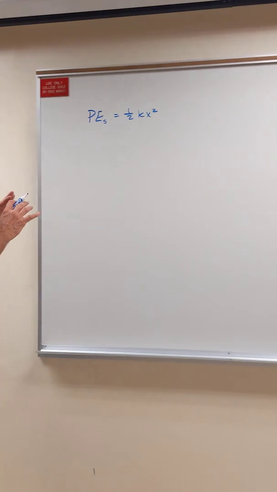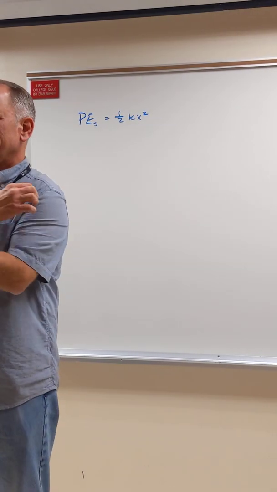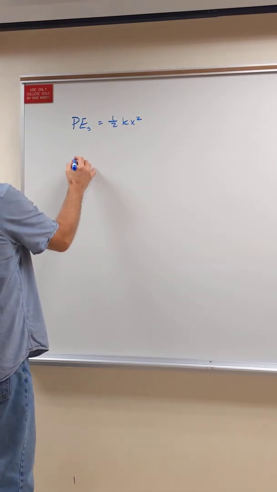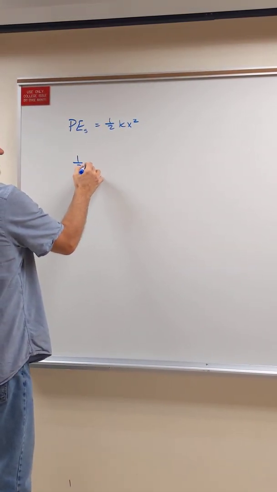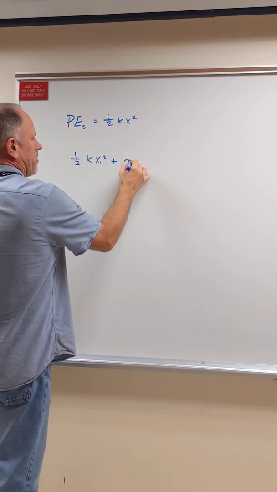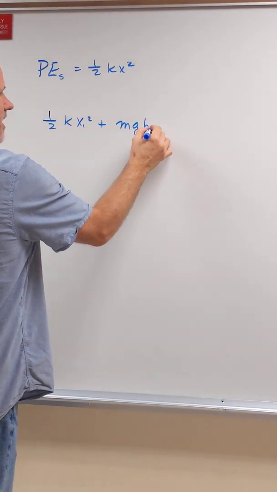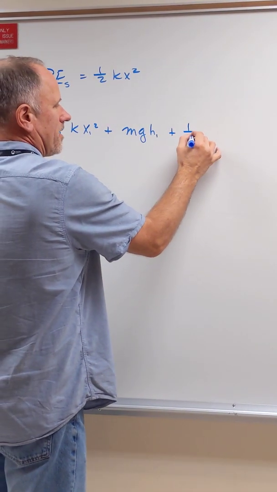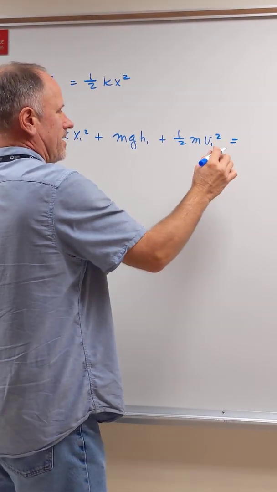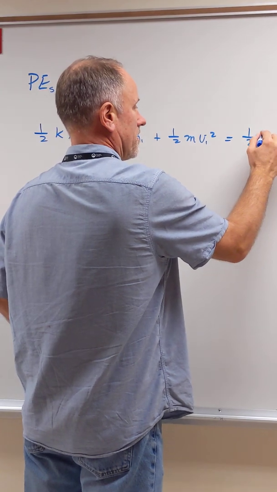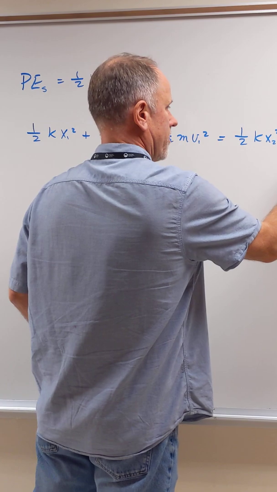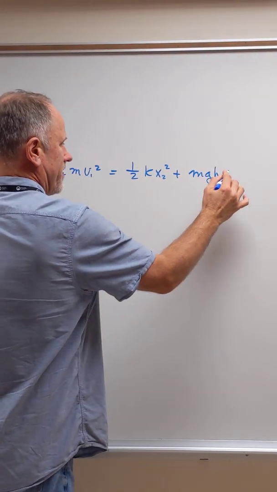So, if we want to be complete in our world of completeness, and we talk about total mechanical energy in a system, I can say, well, if I had a spring, and I had a mass at some height, and I had some kinetic energy, that would be equal to... you guys remember this?